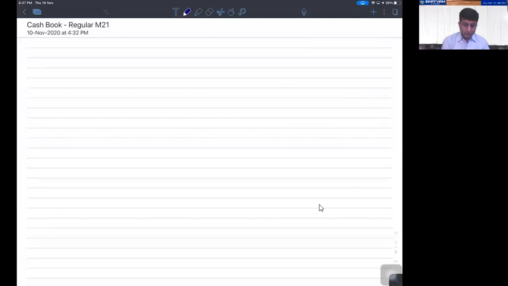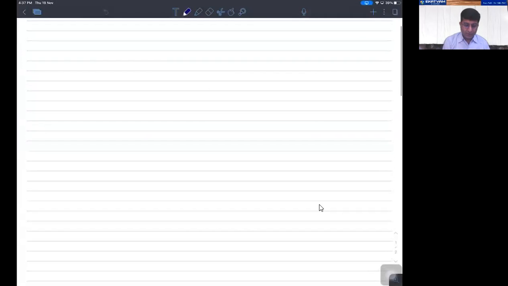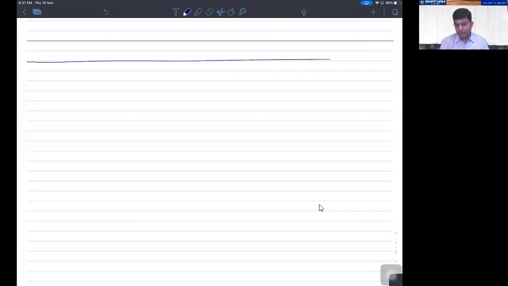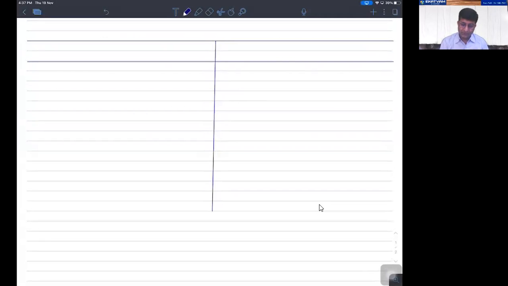So if I draw the format of a cash book, a cash book will have the format of a ledger account. It is not prepared in the format of a subsidiary book.